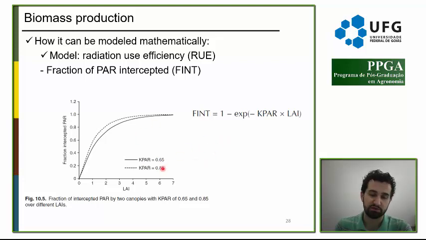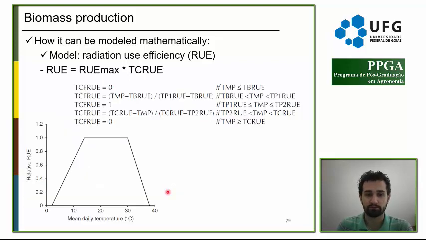So this needs to be calibrated using experimental data or references for each crop. Based on this equation, we define what percentage of the available radiation is intercepted by the leaf, in function of the crop parameters and the Leaf Area Index in the system.